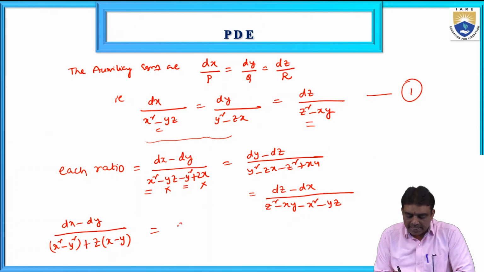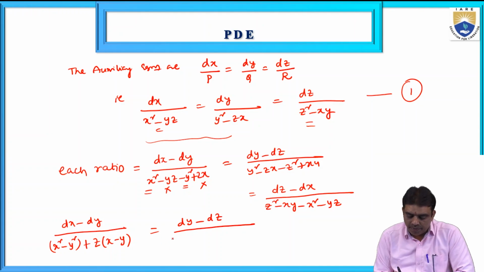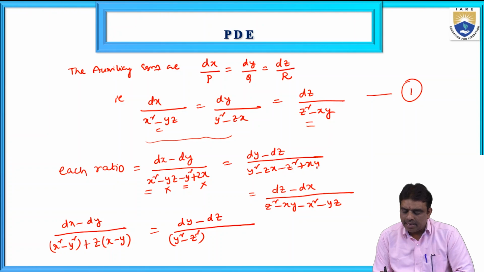Similarly, from the second term, what you can write? dy minus dz by, here y square minus z square, and here xy minus zx. So x is the common term. So on taking out x, you will get y minus z.